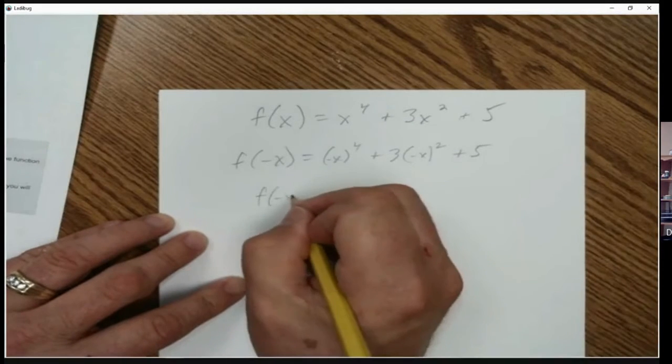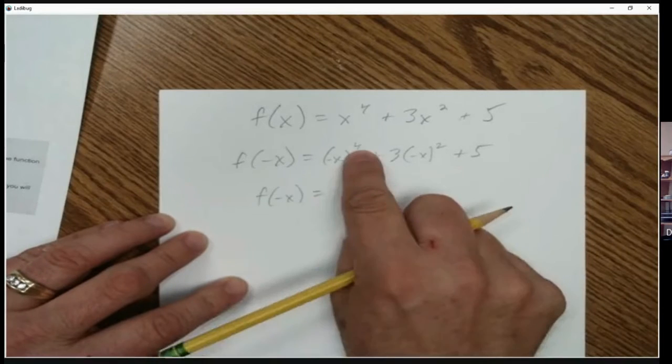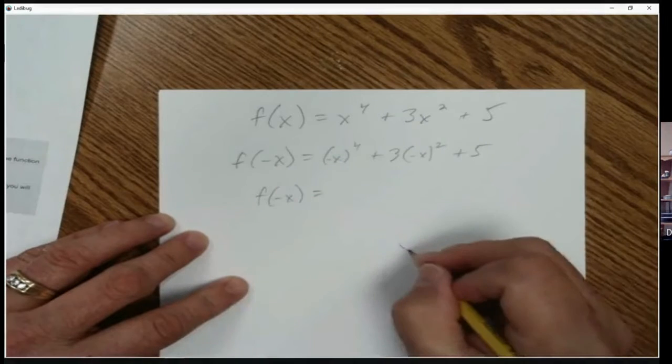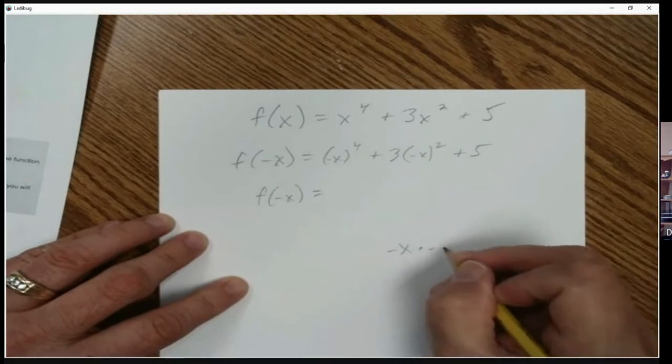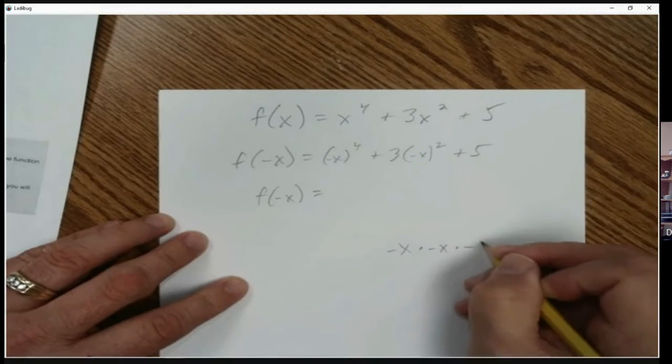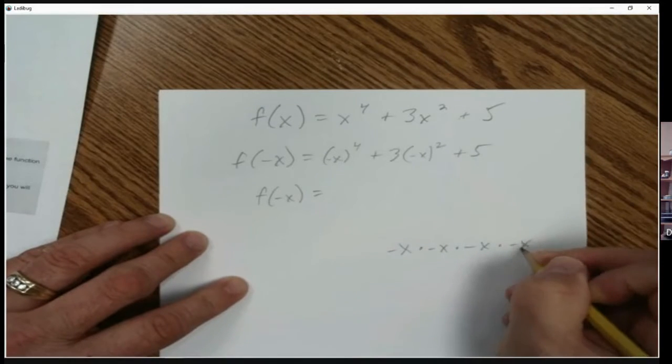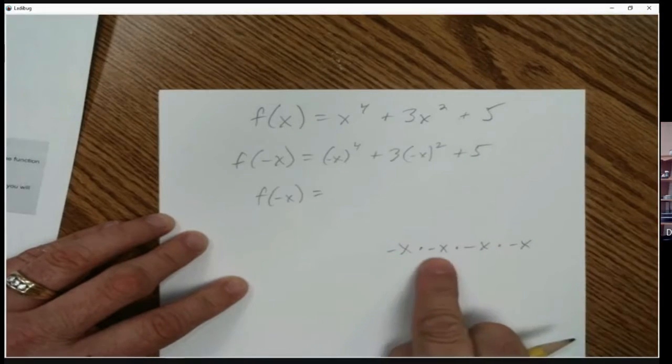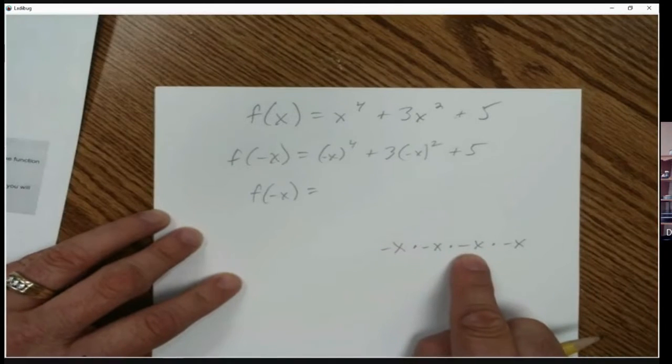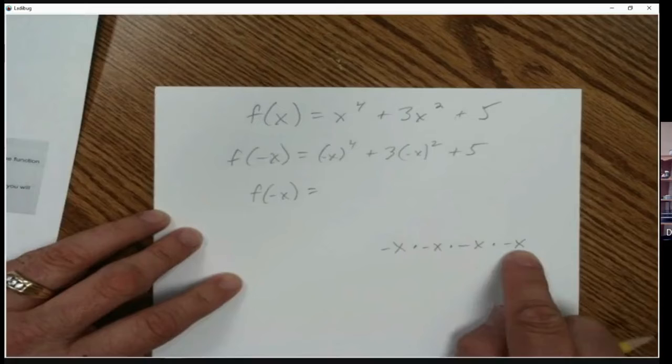f of negative x equals negative x to the 4th power, which means it's negative x times negative x times negative x times negative x. Negative x times negative x is a positive x squared, times another negative x is a negative x to the third, times another negative x is now back to a positive x to the fourth.